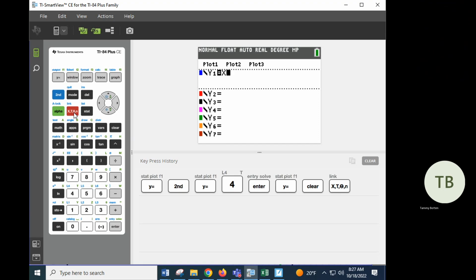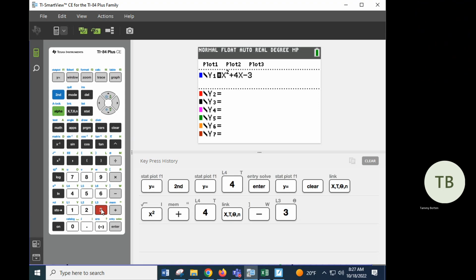And then your squared key is right here above the log key, okay? And then you're just gonna go plus 4. X again is to the right of the green alpha key. And then it's gonna be subtract 3. So -3, and there's our graph.